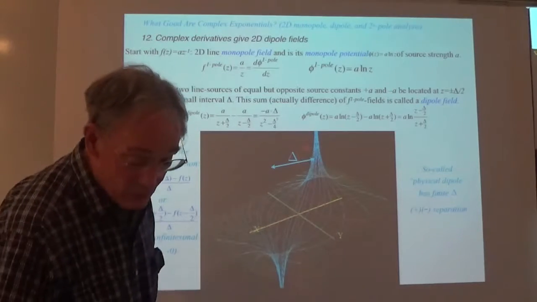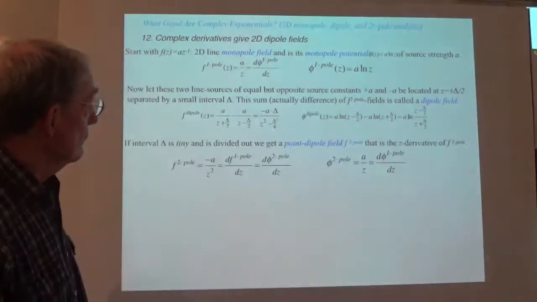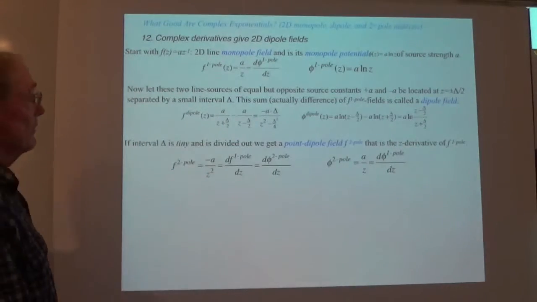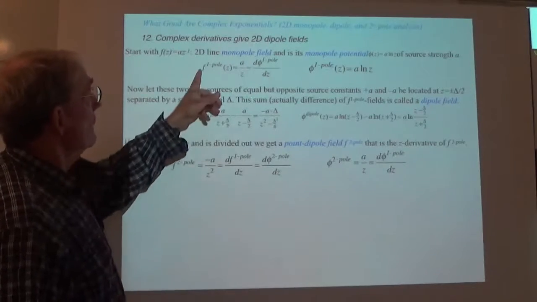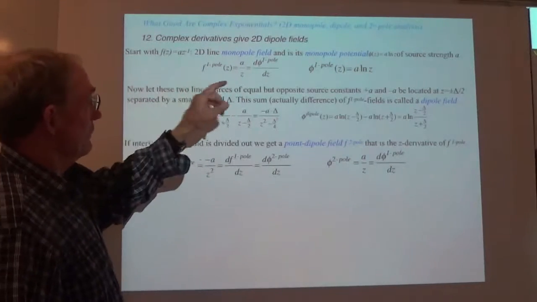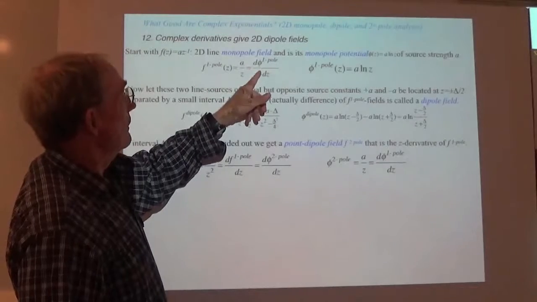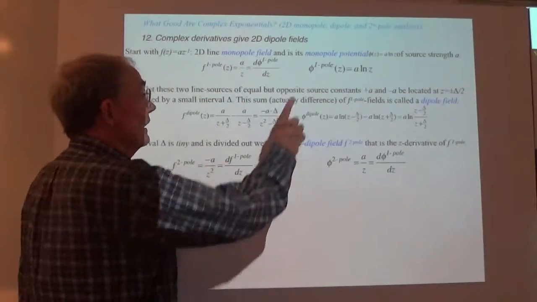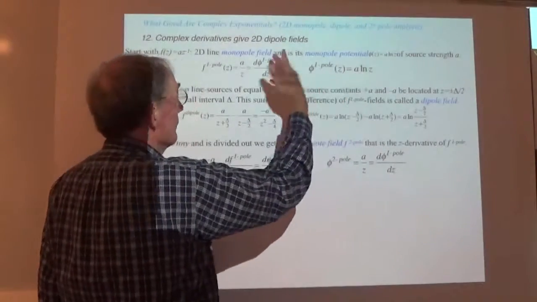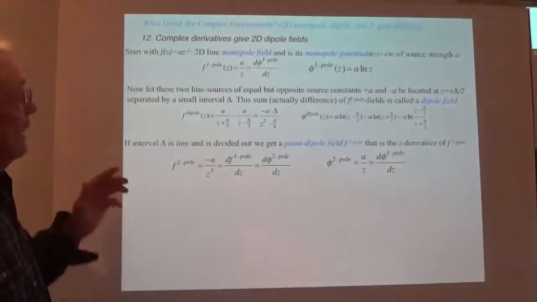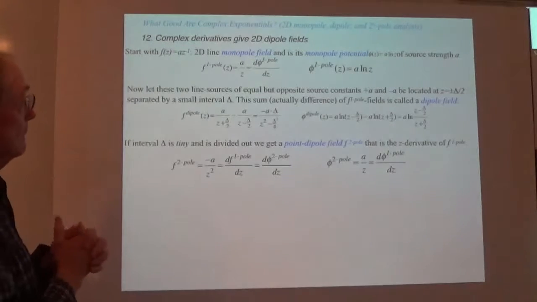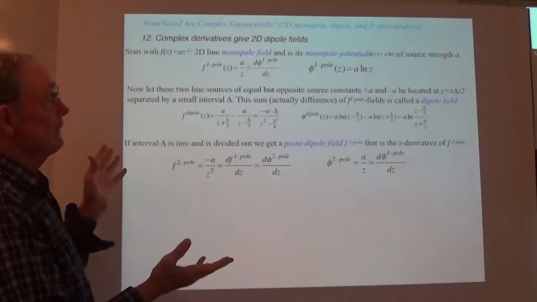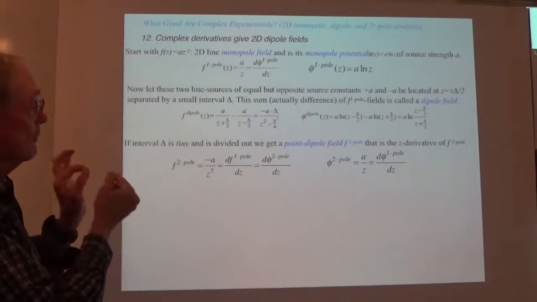So that's what we're talking about when we talk about the next thing that comes up after a one pole: the derivative. This is the derivative of the potential giving the force for a one pole, and the phi for a one pole is the logarithm we were just talking about. And now, if you're thinking about electrostatics, we're going to let the charges get closer.